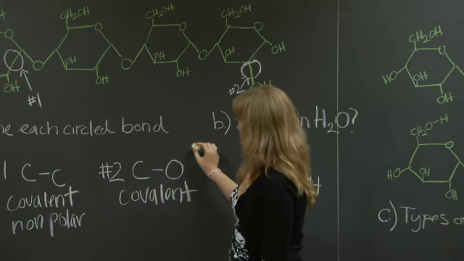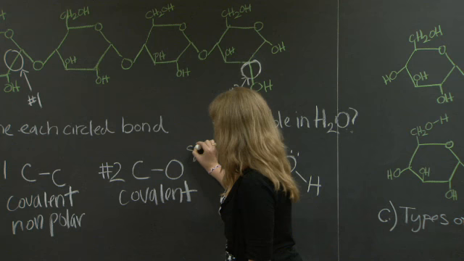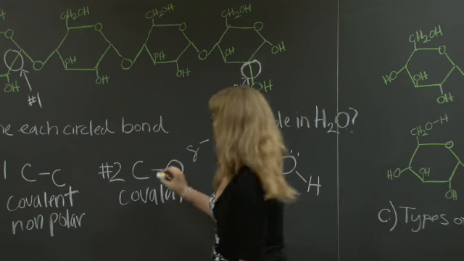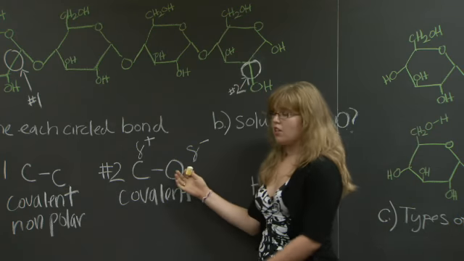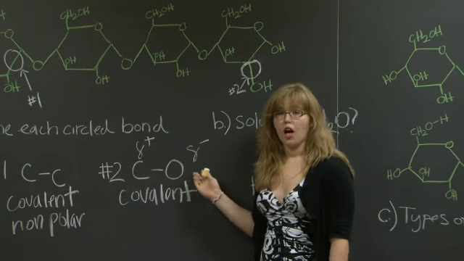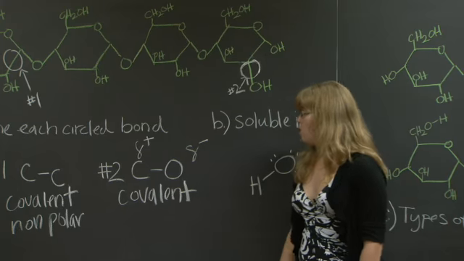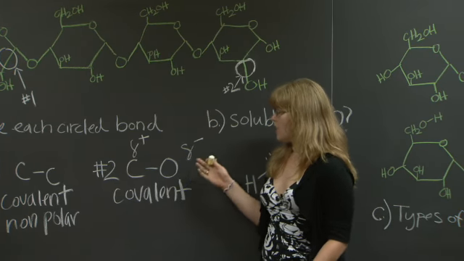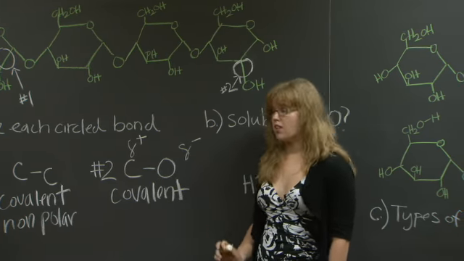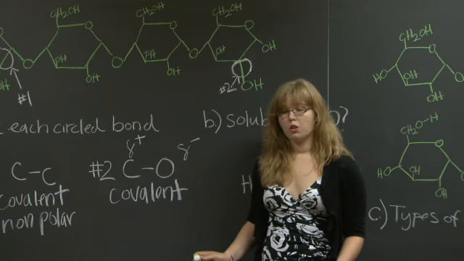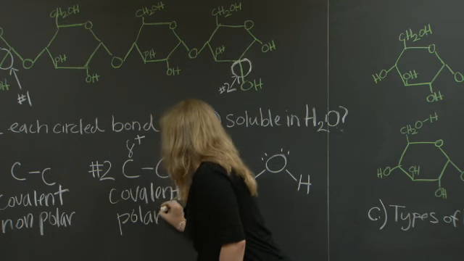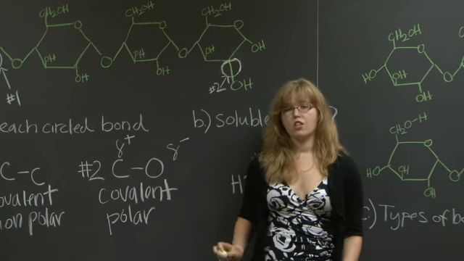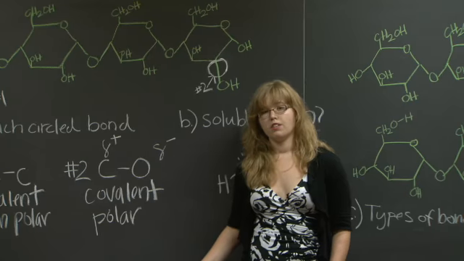So in this kind of bond, oxygen will be slightly negative and carbon will be slightly positive, because the electrons are attracted closer to the oxygen. In a bond where you have a slightly negative side and a slightly positive side, we call this a polar bond. So we can say that a carbon-to-oxygen bond is a polar bond.